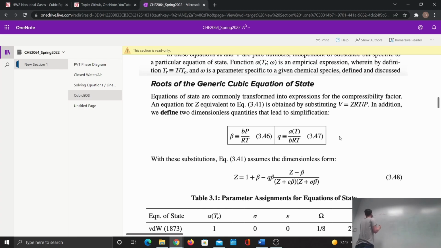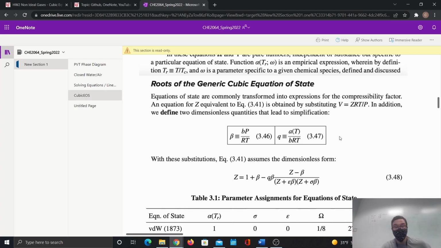I'm not good with Greek letters, so let's call it big B. Capital B equals lowercase b times the pressure over R times temperature. And then q, another important one, equals a over b R times the temperature.